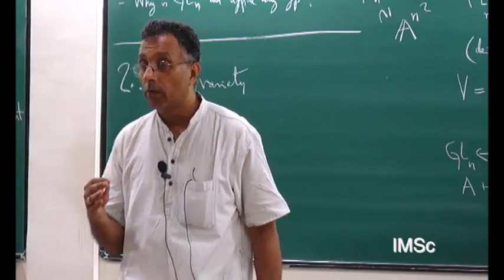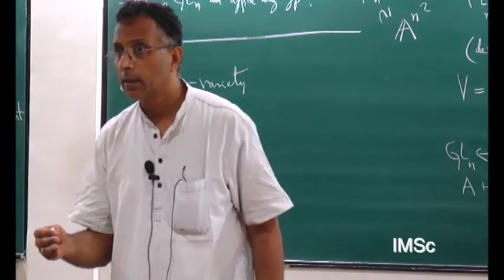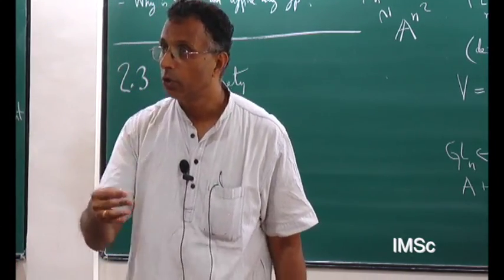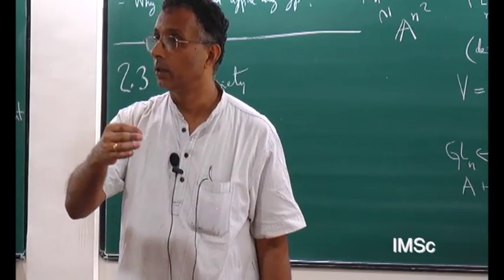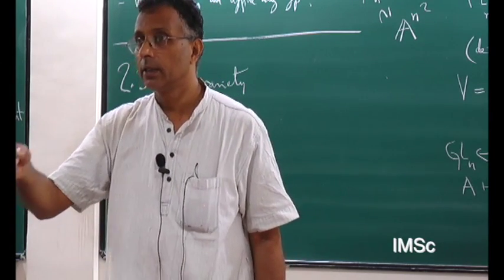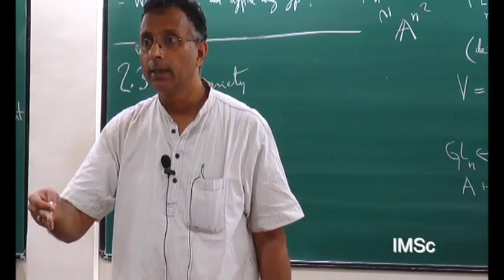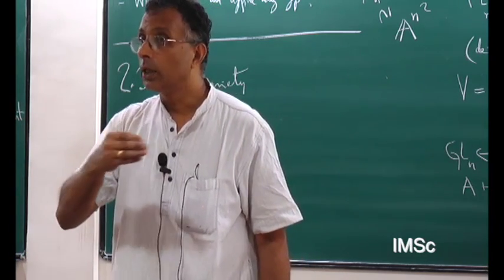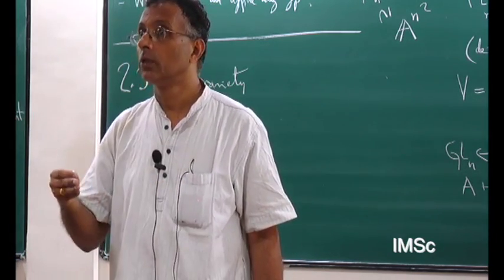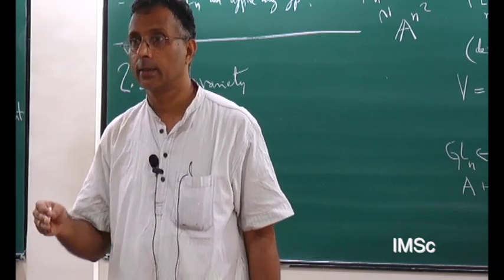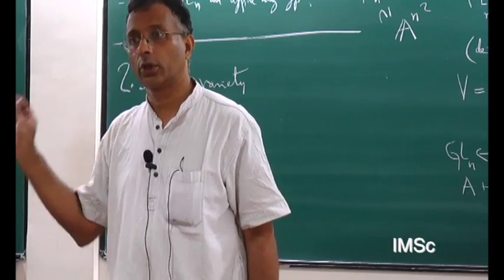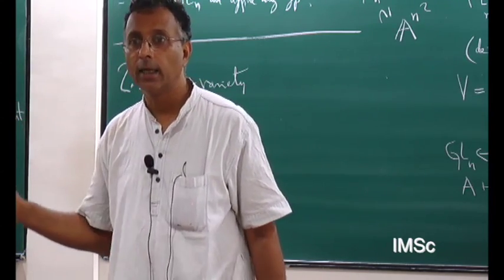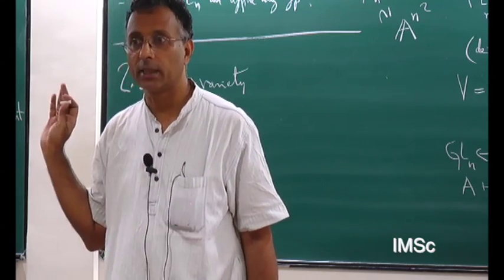Now, in particular, when you have a G-variety X, you have a group and a set, that is, X will also become a G-set, right? And all the terms that we are used to in group actions on sets will make sense, and we will use them without further comment.